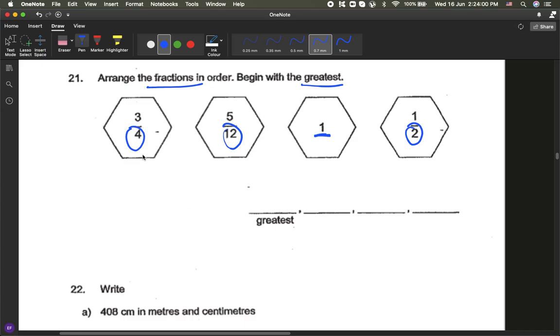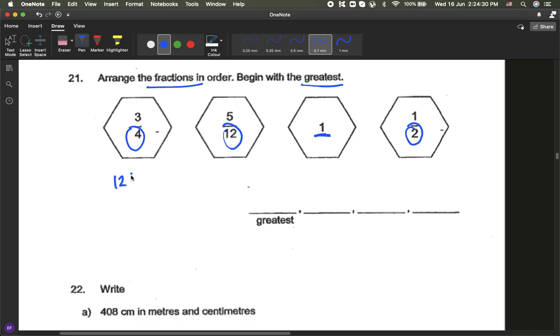For now, let's try and convert these other fractions with the same denominators. So the largest denominator that we have is 12. And we can try finding the common denominator for each fraction by checking if the largest denominator can be divided by 4 or 2 exactly.